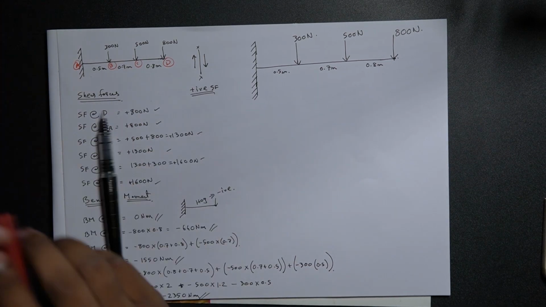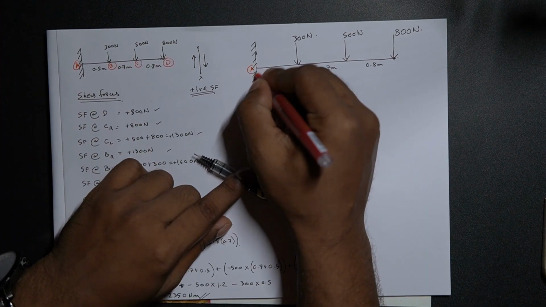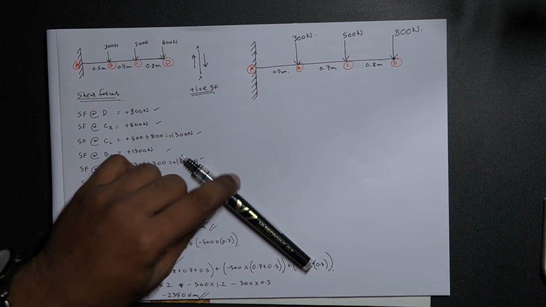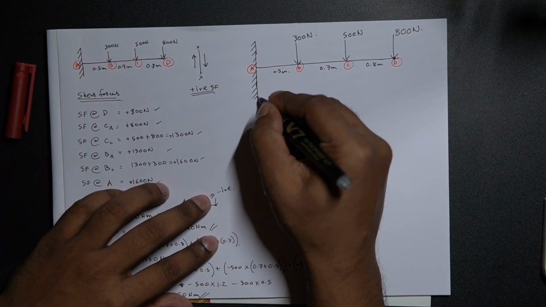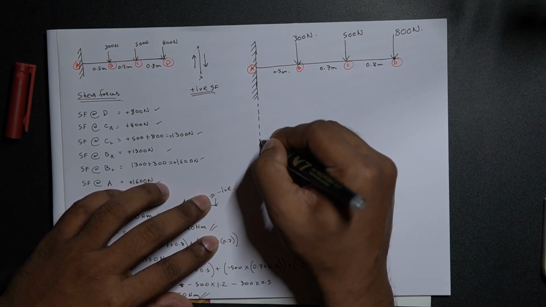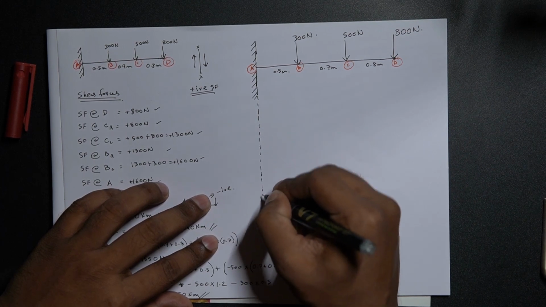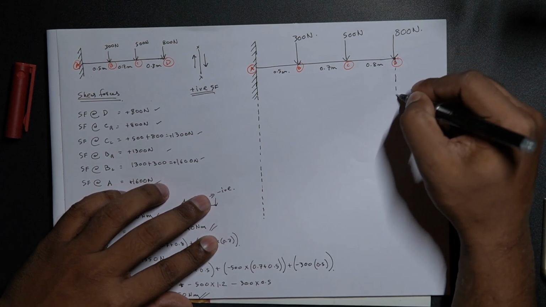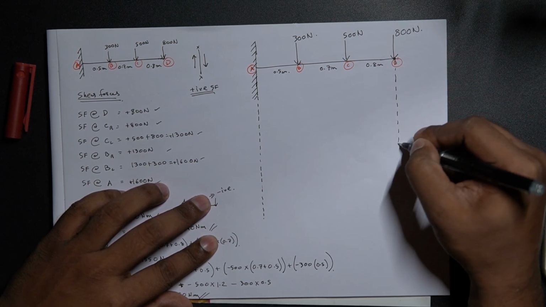I'll just represent the points again. This is point A, this is point B, point C and point D. So I'm just going to extend the lines a bit so that it will be easier for drawing the bending moment diagram.